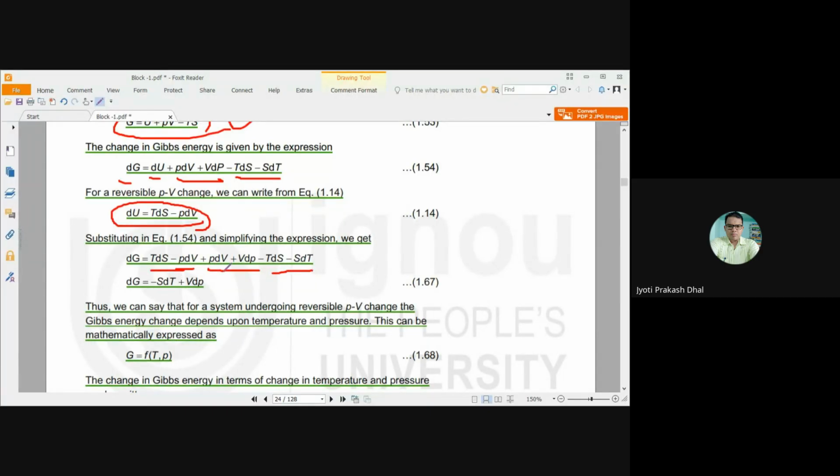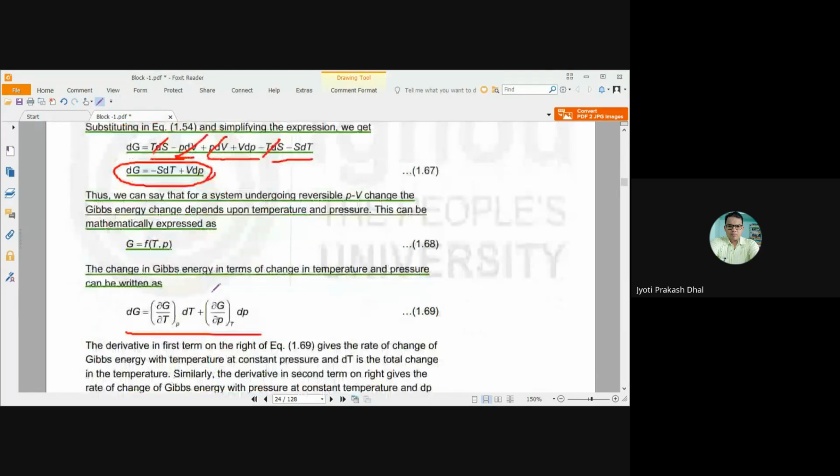Here you can see PdV will be cancelled, TdS minus TdS will be cancelled, and dG will be equal to minus SdT plus VdP. Thus, we can say that for a system undergoing reversible pressure volume change, the Gibbs energy change depends upon the temperature and pressure.